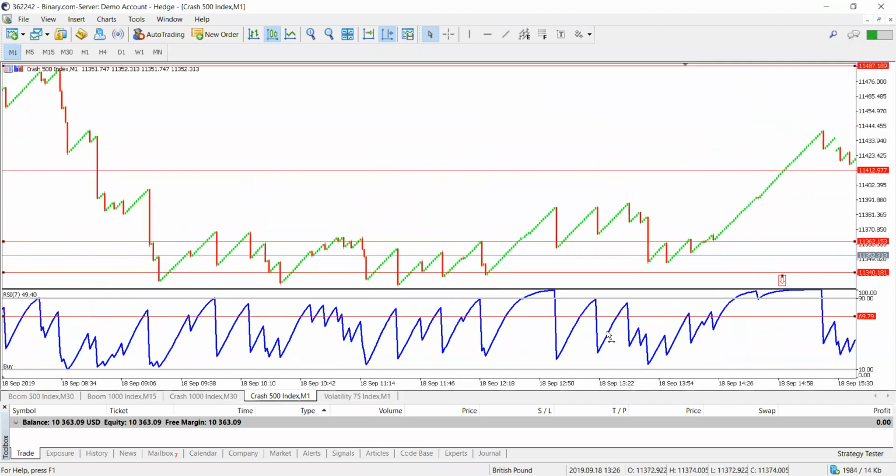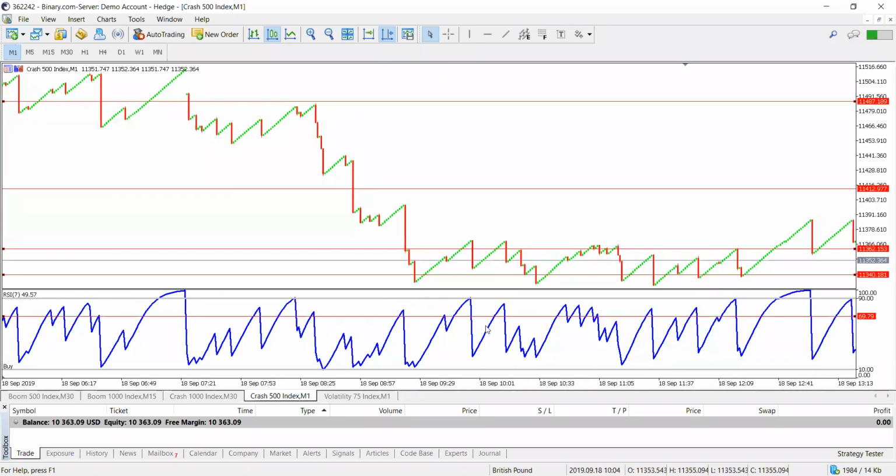Let's check back. On a normal case scenario, how you use this, if you don't even know whether the price is trending higher or lower, what you do, because this is a crash, and what I say to my students is that Mrs. Money trades the spikes, I trade the crashes as they go down.